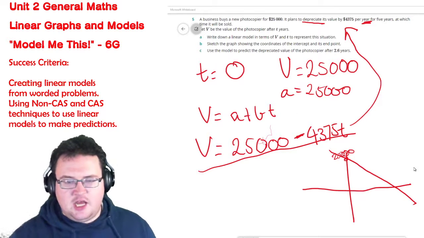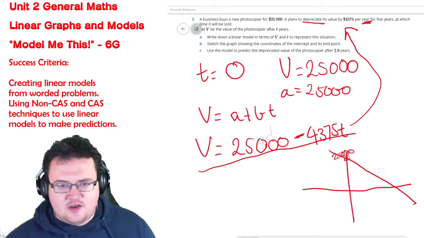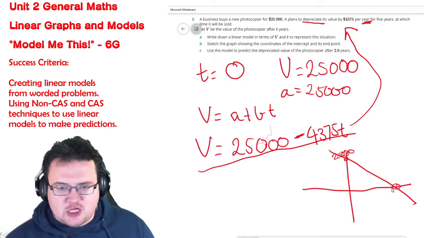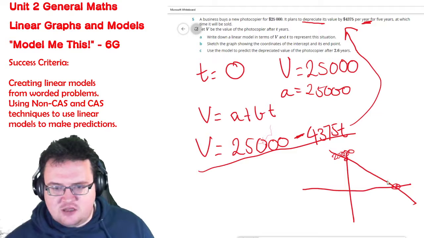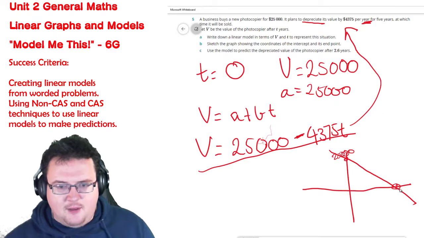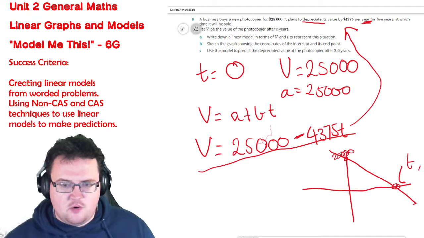So as you can see here, I have a linear graph here, and there's my value at the start here, and then I have a value at the end here. What is this value here? What is the actual value of the photocopier at this point here? Thinking about my axis, what's the value here? Yeah, it's 0. So after t years, the value is now 0.